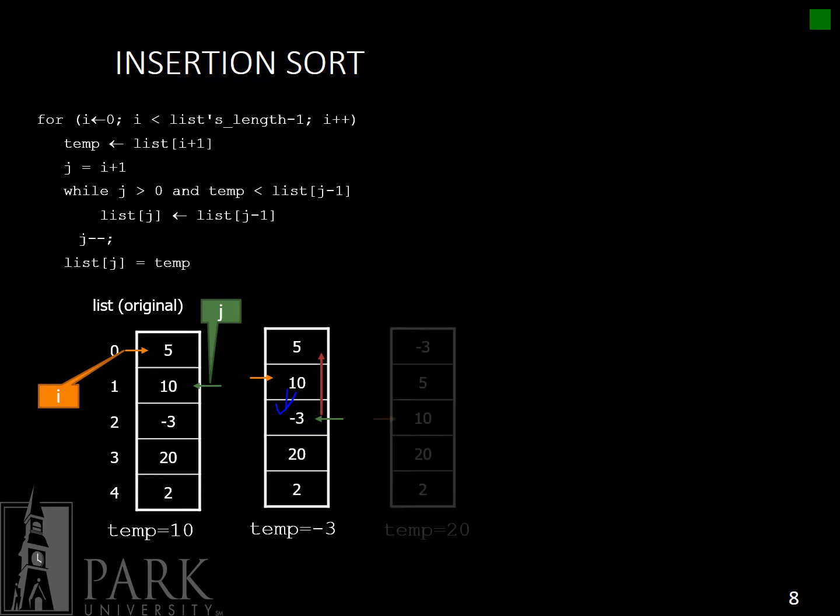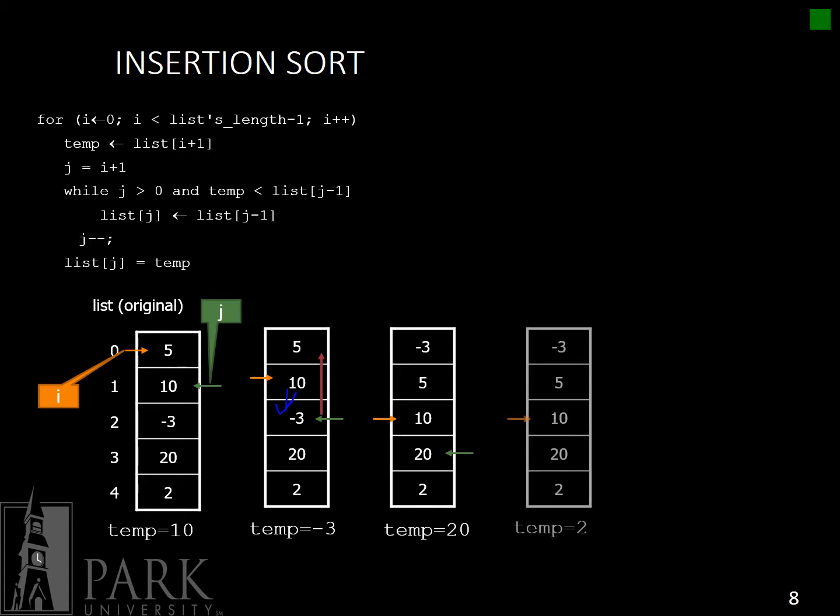So what does that result in? Well, it results in -3 getting moved all the way up to the top, and 10 and 5 being moved down 1. And then we're going to do the same thing. We're going to go down and say, okay, is 20 less than anything before it? No, it's not. So that's really not going to have any effect. But now we move to 2, and we can see that 2 is going to be pulled out. 2 is going to be stored in this temp variable, right?